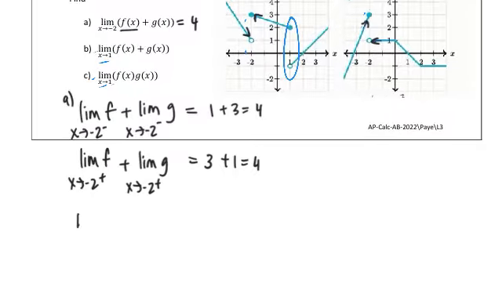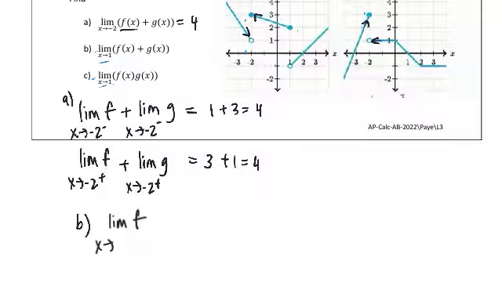Let's do B. In B, x is approaching 1. So again, I have to do the one-sided limits. So for my one-sided limits here, let's start with f plus g from the left. So the limit of f as x approaches 1 from the left plus the limit of g as x approaches 1 from the left.